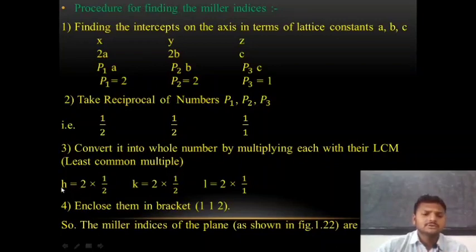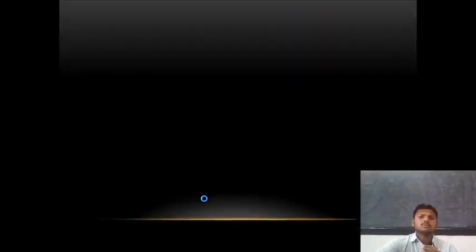So h is equal to 2 times 1/2, where 2 is the least common multiple for the 1/2. For k, k is equal to 2 times 1/2, and for l, l is equal to 2 times 1/1. So this is the Miller indices, and it is enclosed in brackets as (1 1 2).